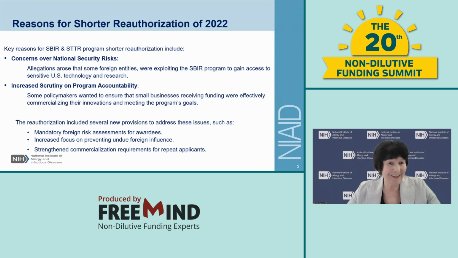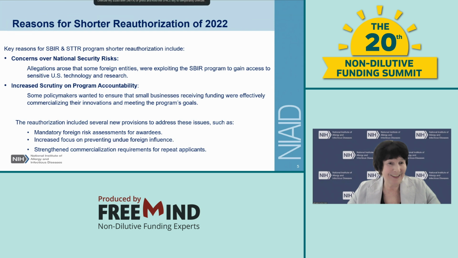And the reason why I want to mention the history of the program, and I will explain why, is this. The SBIR program was founded in 1982 during the Reagan administration, and the goal was to improve the U.S. economy and create more jobs. The STTR program was created 10 years later, in 1992.